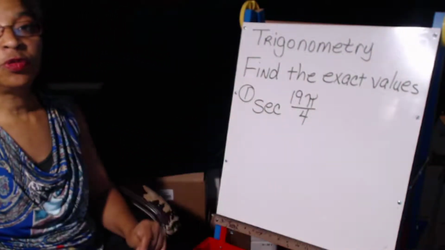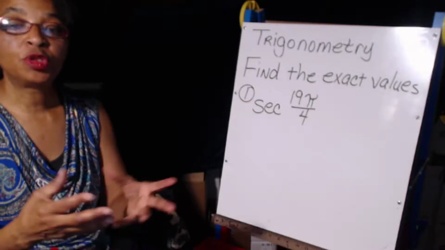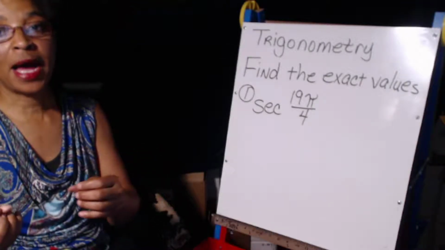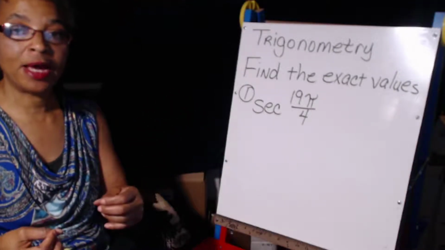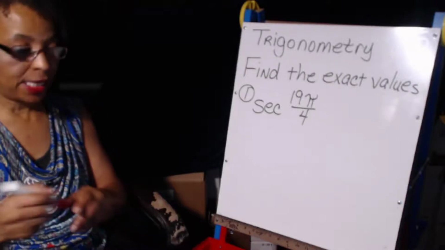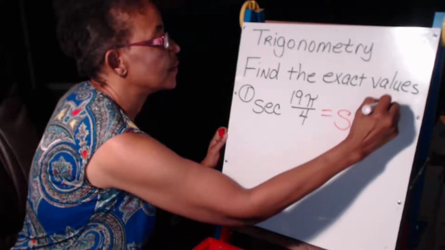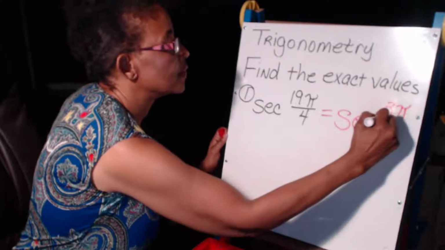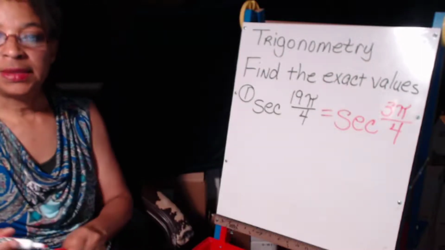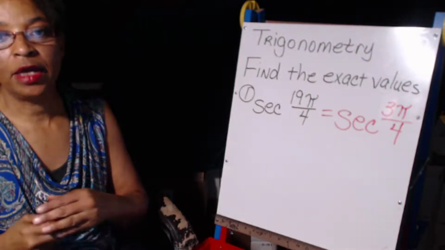So we're looking for the reference angle, and once we subtract the 16 pi over 4 from 19 pi over 4, we will get the secant of 3 pi over 4.